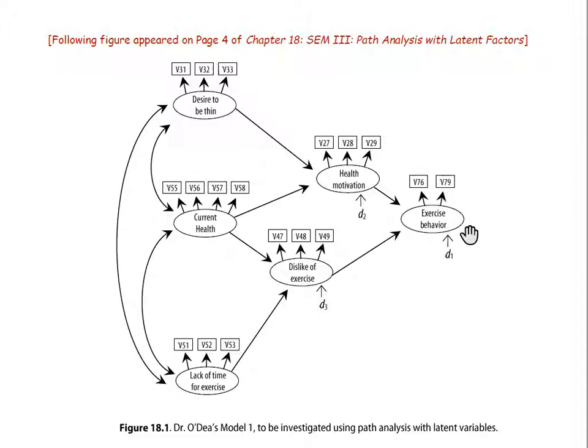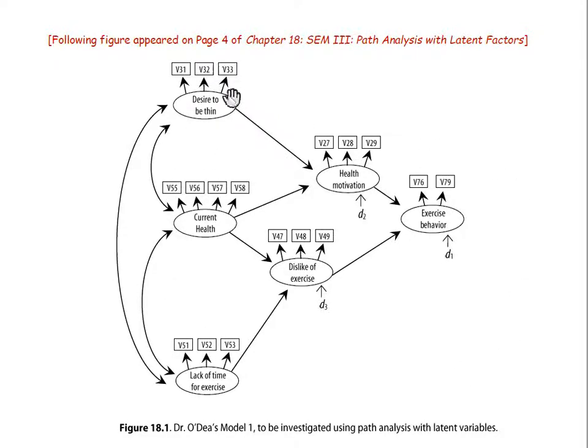Now, if it's a latent factor, that means it must be measured by some kind of observed variable, some kind of manifest variable, and that is the case. Exercise behavior is measured by questionnaire items 76 and 79 on the questionnaire. Health motivation is measured by questionnaire items 27, 28, and 29 on the questionnaire.